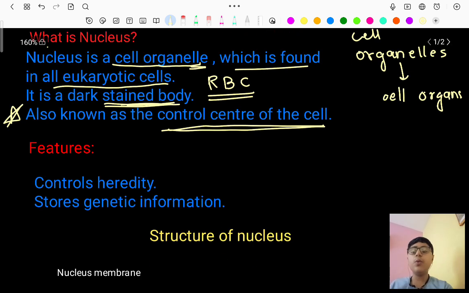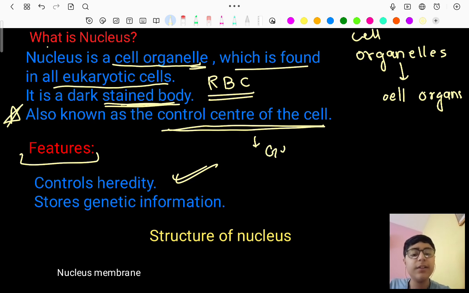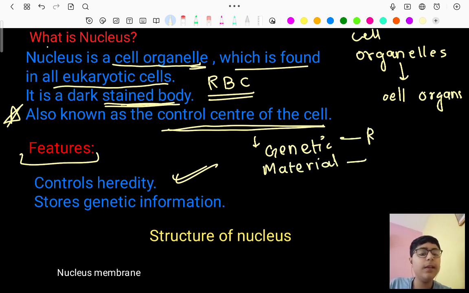So what are its features? Why is it the control center of the cell? It controls heredity. It has an effect on heredity as it has the genetic material, which is RNA and DNA.